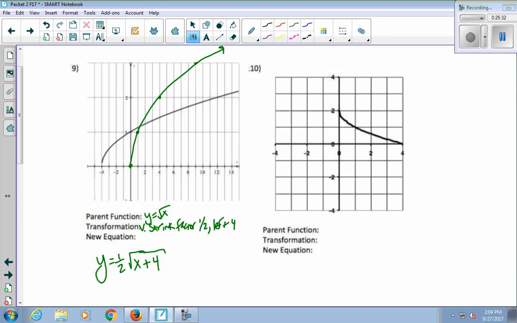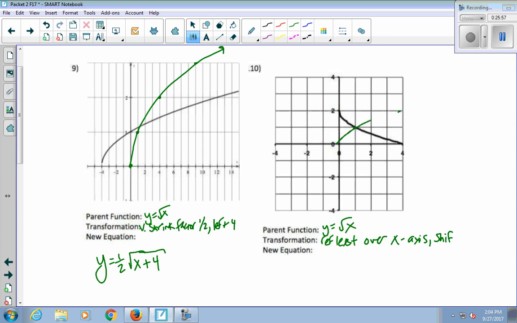Right, this one also looks like square root x, but I think I reflected and then shifted. So reflect over the x-axis. Then I shifted up. So my original graph would look like this, 4, 2.